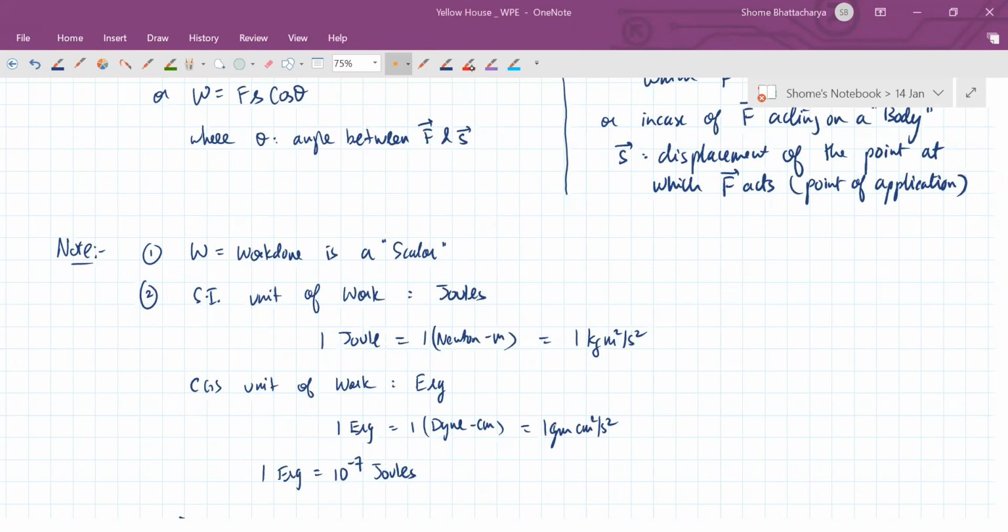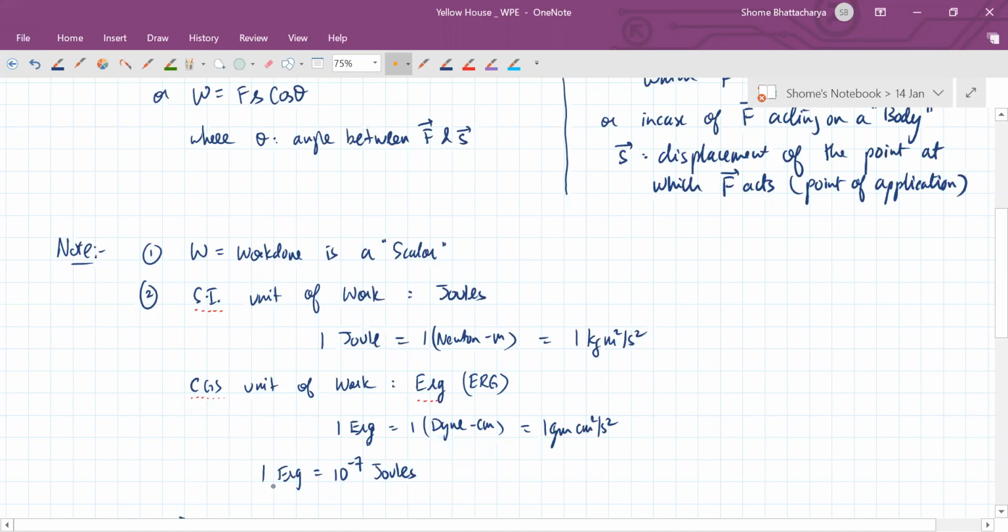Okay, so I'm just taking you back to the section about the CGS unit. So CGS system, as you know, is centimeter gram second system, whereas SI is the standard international system of units. So in CGS system, the unit of work is called ERG. One ERG is the work done by one dyne of force through a displacement of 1 centimeter along the direction of the force.